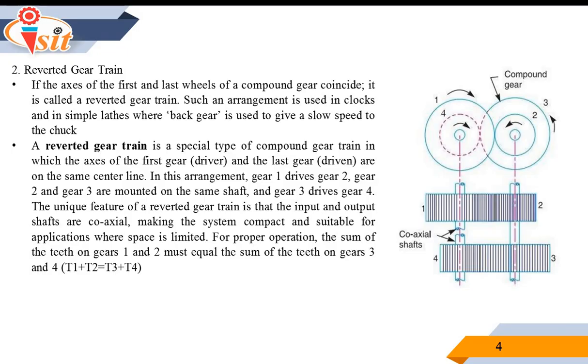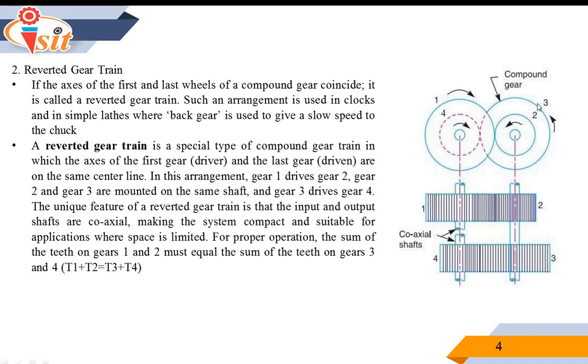In this gear train, the axis of the first gear, that is called the driver, and the last gear that is driven are on the same center line. You can see also in this diagram. Here total 4 gears are there. Gear 1 is meshing with gear 2.